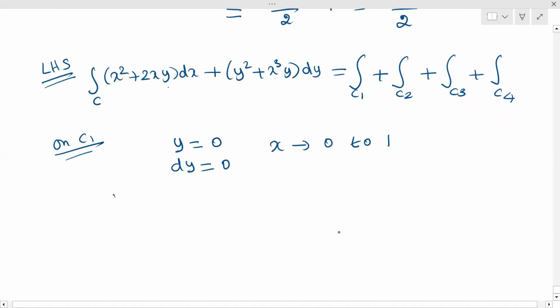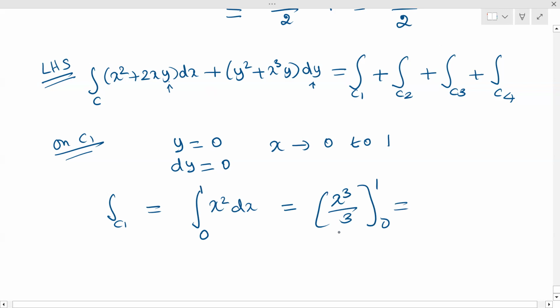So integral over C1 is equal to, here y equal to 0 means this term becomes 0. We will get x square dx. And dy is 0 means this whole term becomes 0. So we are getting only x square dx and the limit is 0 to 1. So when we do the integration, x cube by 3, 0 to 1, which is equal to 1 by 3.